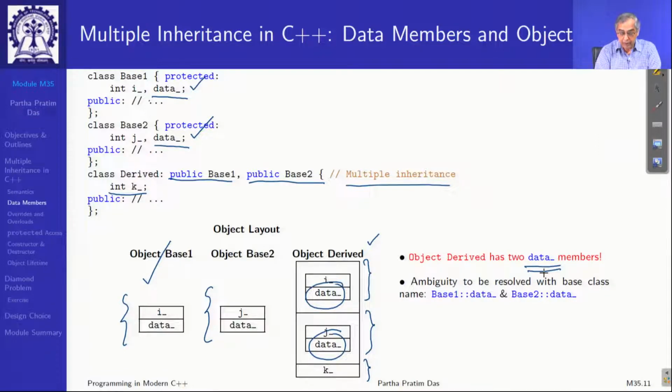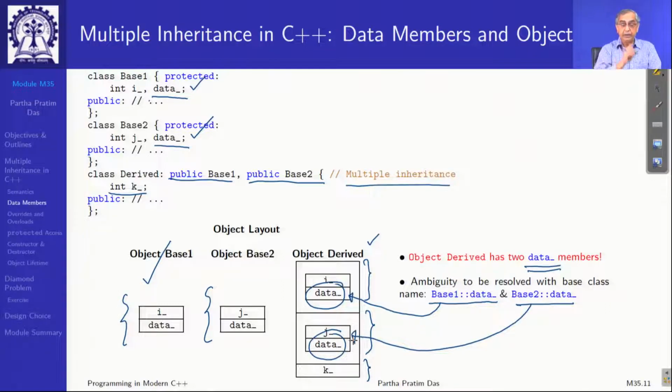The derived class object has to qualify which data member it wants to access. It cannot just access it as data_. It will have to access this one as Base1::data_, and this one as Base2::data_.